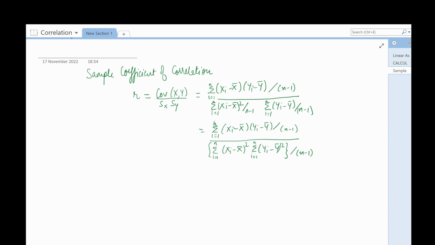So we cancel the n minus 1 by n minus 1, and the final formula we get is sigma i equals 1 to n, xi minus x bar into yi minus y bar, whole upon sigma i equals 1 to n, xi minus x bar whole square, sigma i equals 1 to n, yi minus y bar whole square. This is how we get the coefficient of correlation.